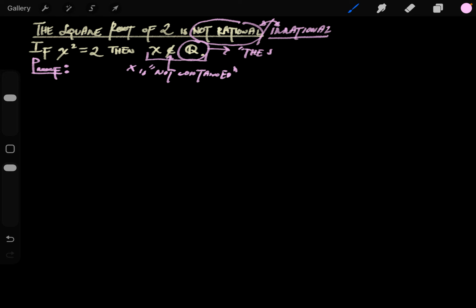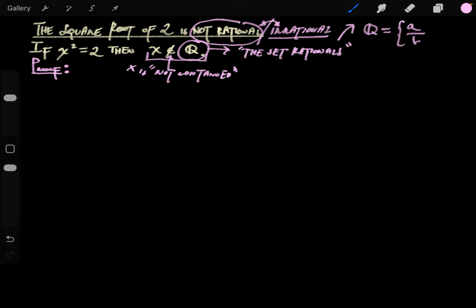And the first thing, in order to understand what this theorem is stating, is we need to have an understanding of what the set of rationals is. Okay, so the set of rational numbers is denoted like this. It's a set, so it contains many elements.